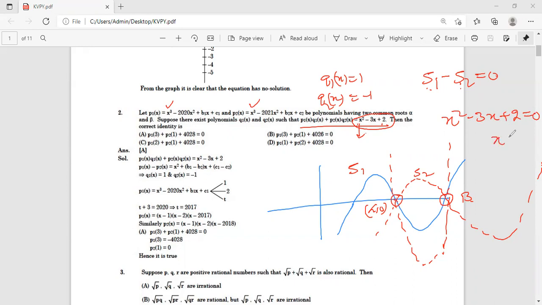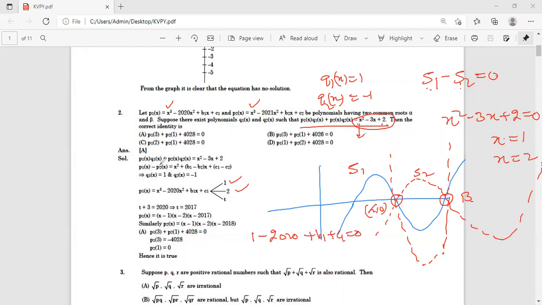So the roots are 1 and 2. When you have two roots given, for P1(x) you can find the third root easily. Satisfy 1 and 2. What do I mean by satisfy 1 and 2? You will get 1 - 20 + B1 + C1 = 0.